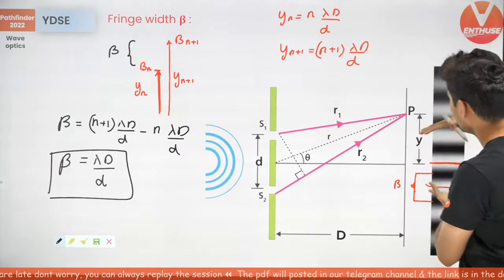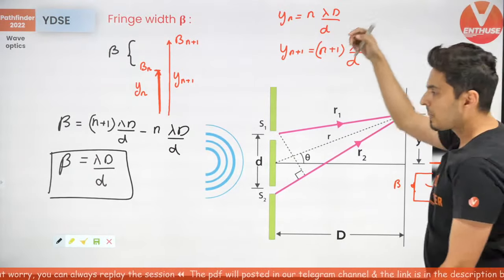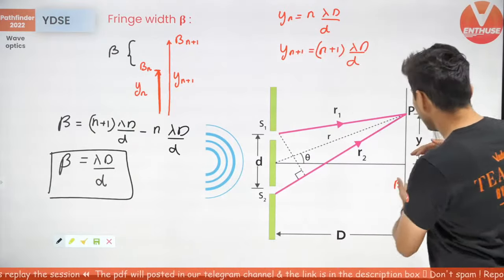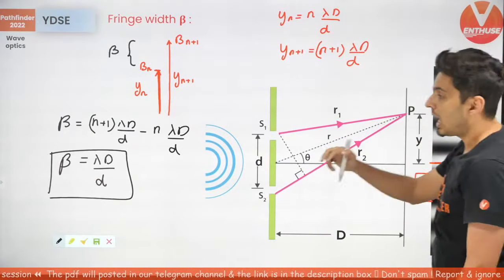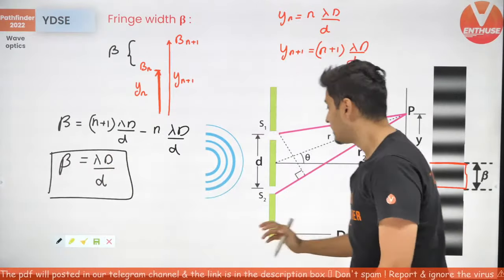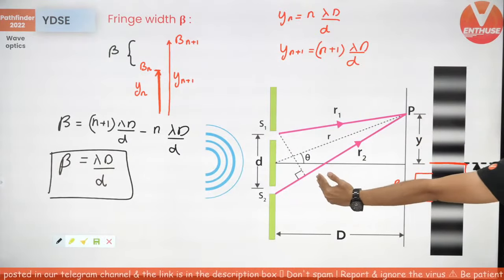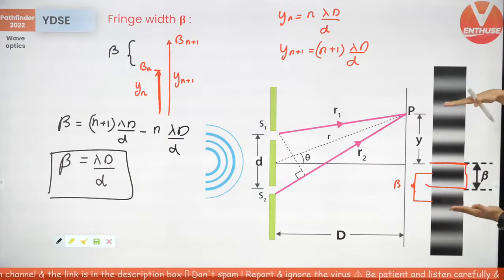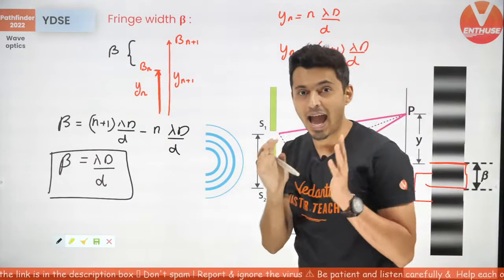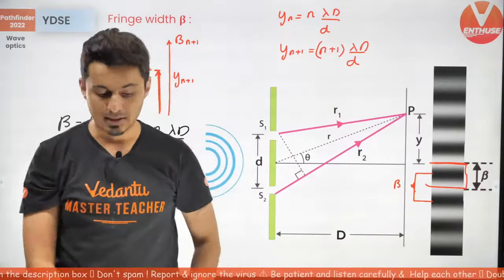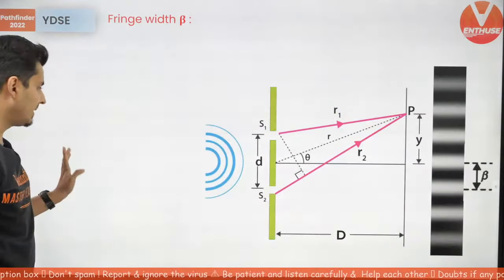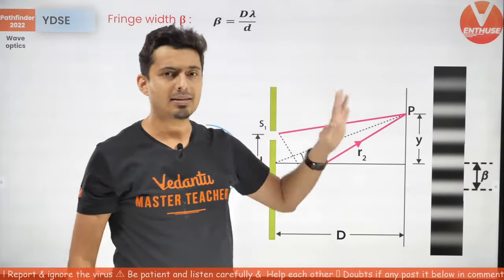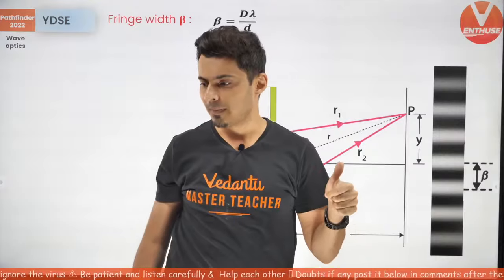If you use a wavelength of higher magnitude, then also the fringe width will increase. And if D increases, that means you keep the screen really far away, then also the fringe pattern will increase. So remember this formula. Fringe width is lambda D by d, the distance between any two bright or dark fringes. As simple as that.